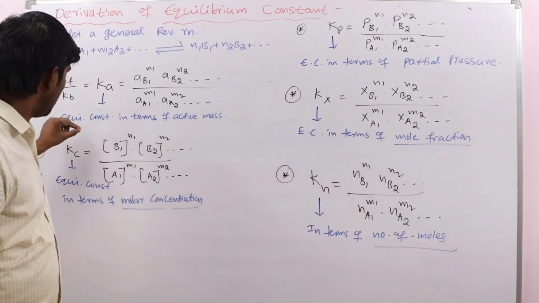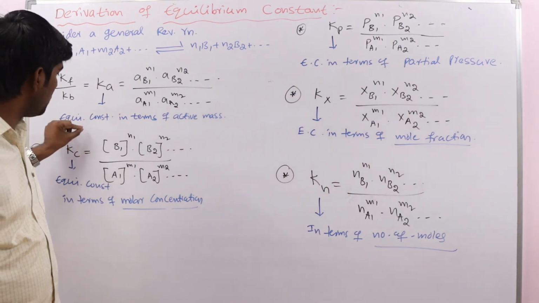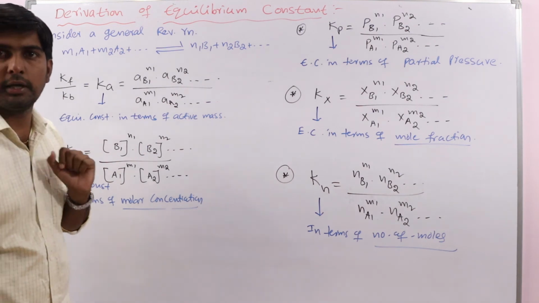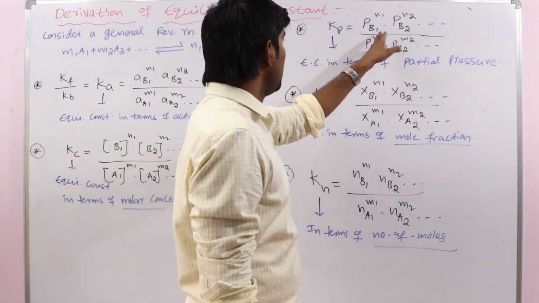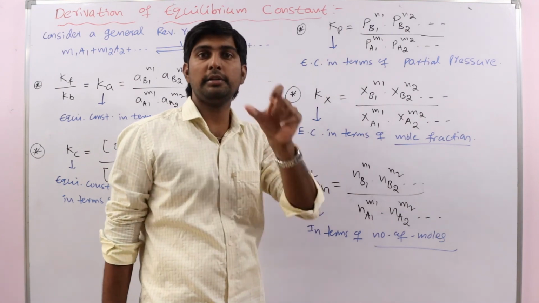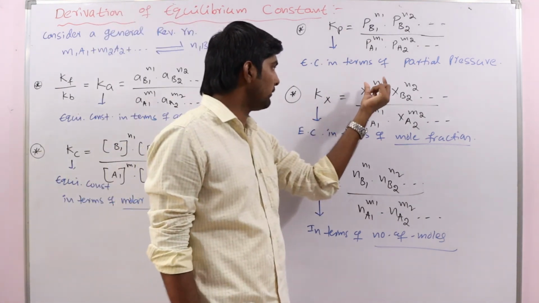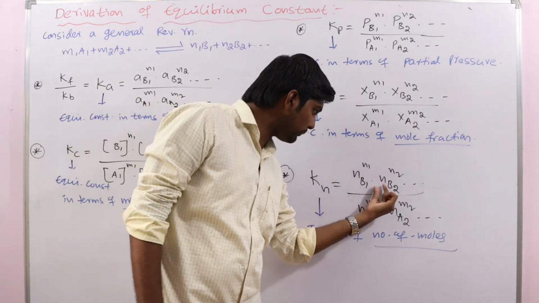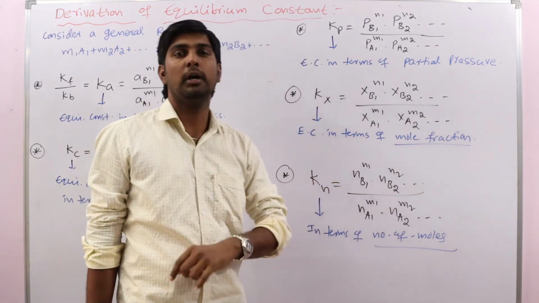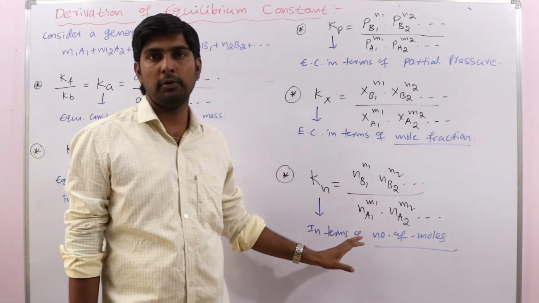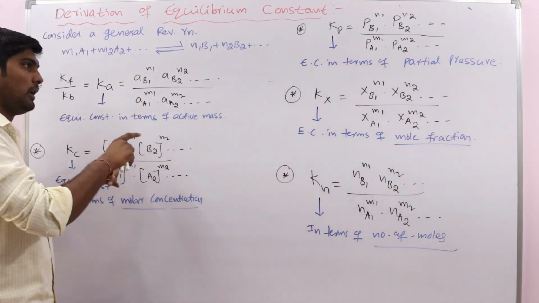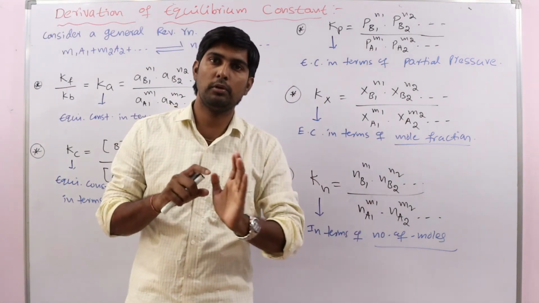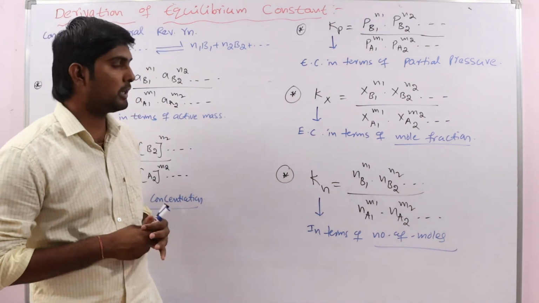Keep in mind that these are equilibrium concentrations. Same here: partial pressures of products and reactants at equilibrium, mole fractions at equilibrium, and the number of moles of products formed and reactants present at equilibrium. Whatever we are taking, they are equilibrium values only.